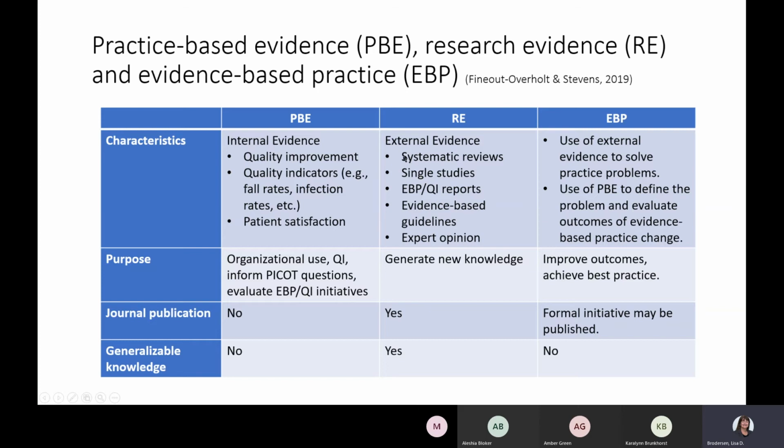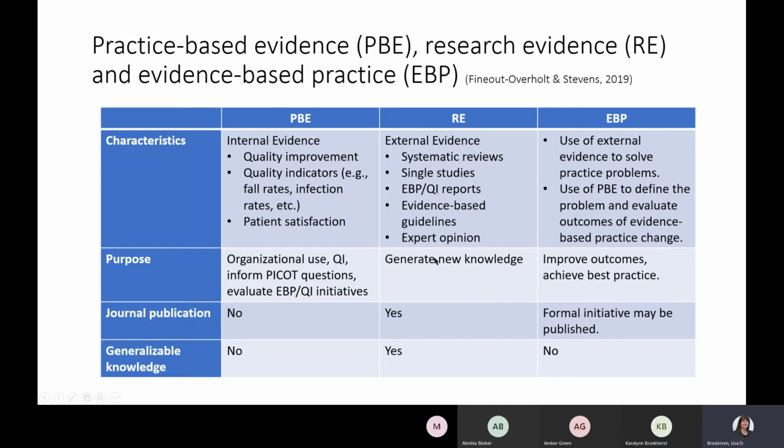Research evidence is going to be comprised of the first two, systematic reviews and reports of single studies, whereas these other types of evidence listed here are actually based on research evidence: evidence-based guidelines and evidence-based practice quality improvement projects and reports. An expert opinion is often somewhat research evidence-based, but it could also just be based on the expert's personal, professional experience.